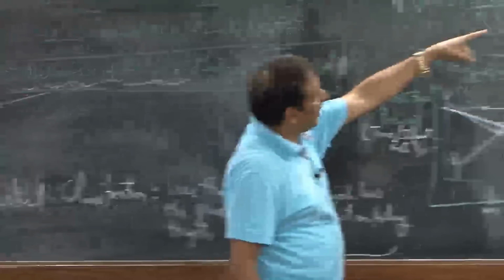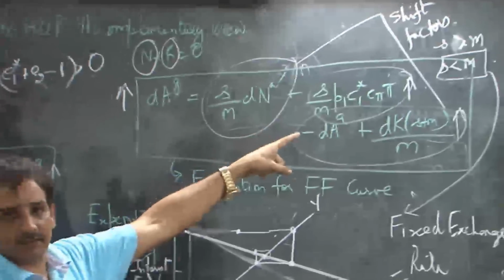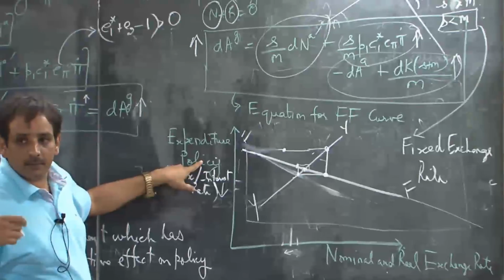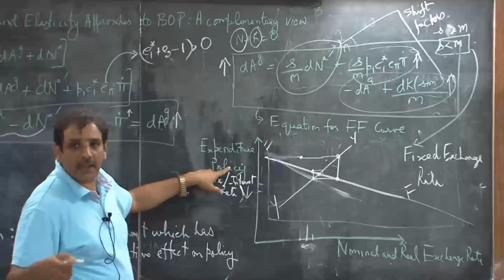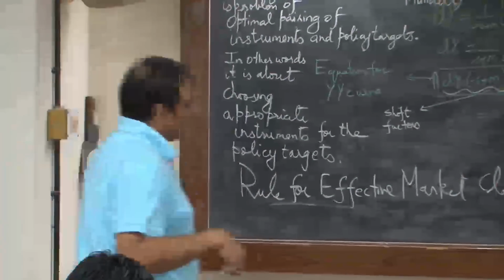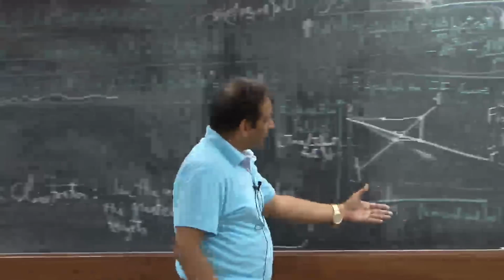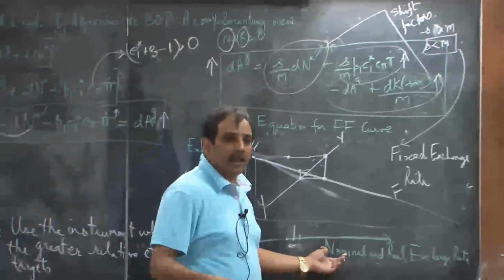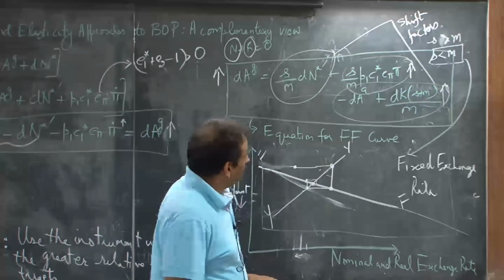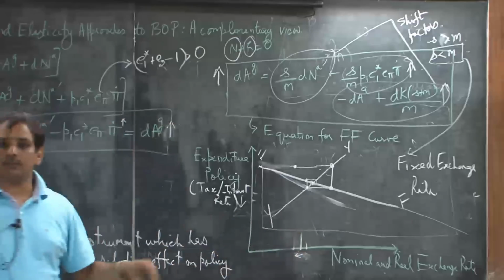So when MPM was greater than MPS, expenditure policy had more role to play in maintaining external balance than internal balance. Nominal and real exchange rate had more role to play in maintaining internal balance. Right? So these are some questions.